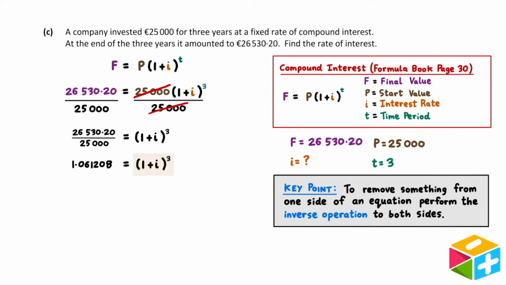We now have 1 plus I to the power of 3 on the right-hand side.